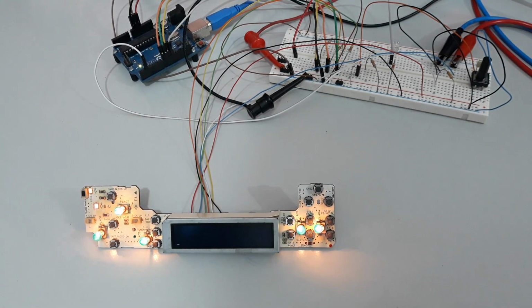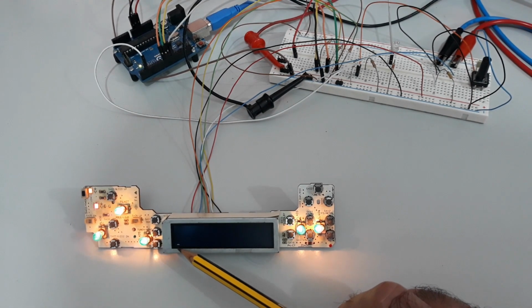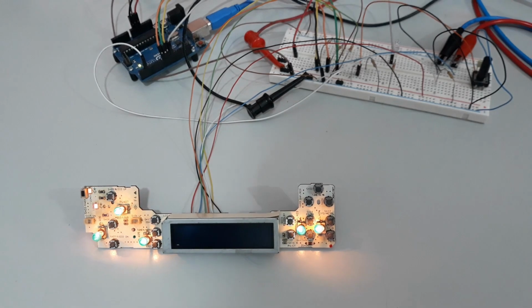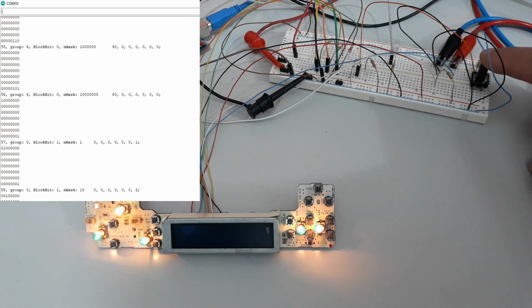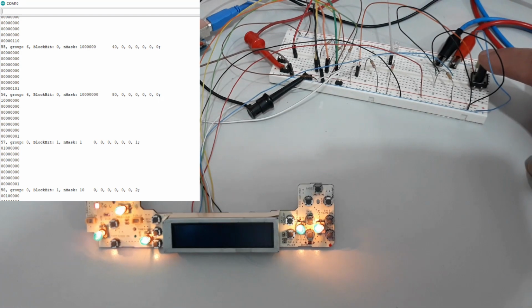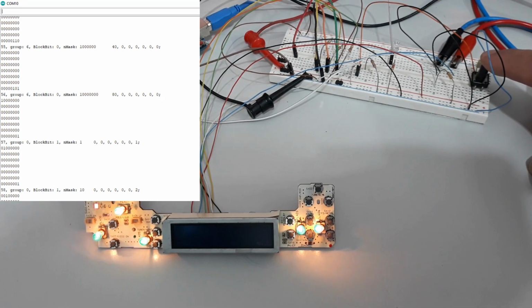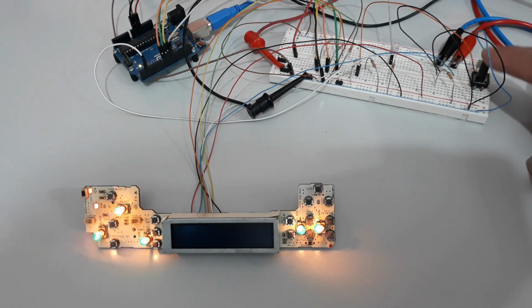Okay, you can see here the first segment connected. In this case it is the number 13 here, and now you follow the remaining segments of the LCD.